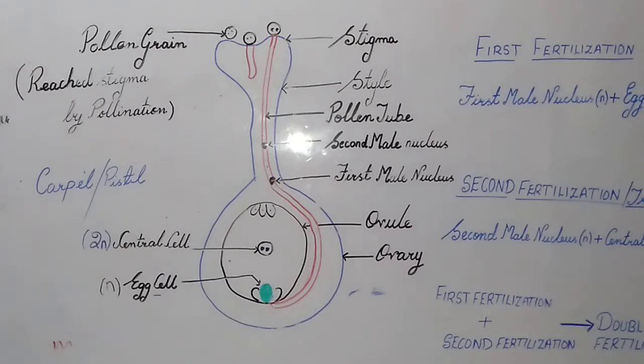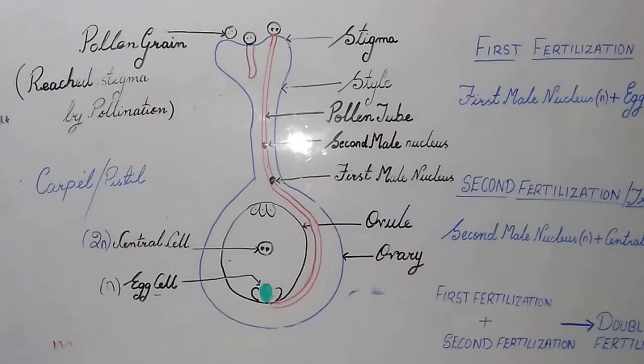Now a typical carpel consists of a stigma, the uppermost part you can see here. This part is responsible for receiving pollen grains. What is this pollen grain?